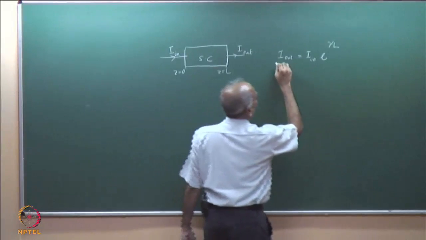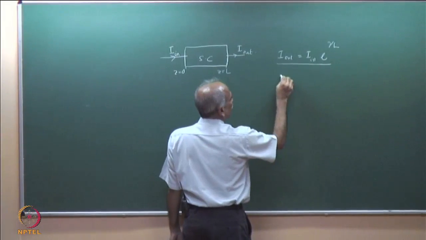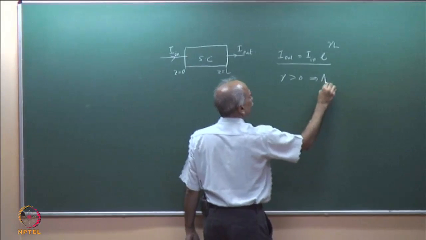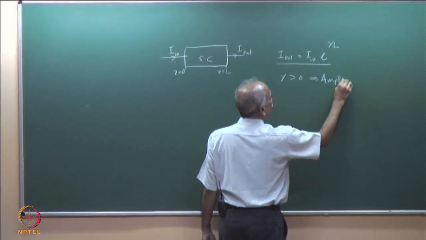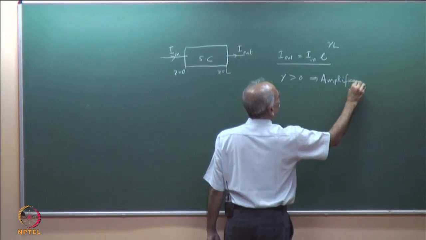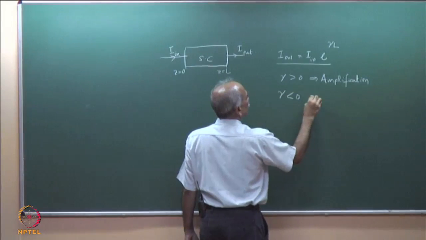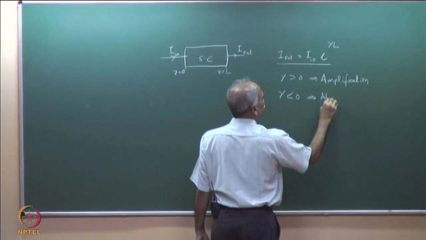e to the power gamma z. And we had said that gamma greater than 0 implies amplification, and gamma less than 0 implies attenuation.